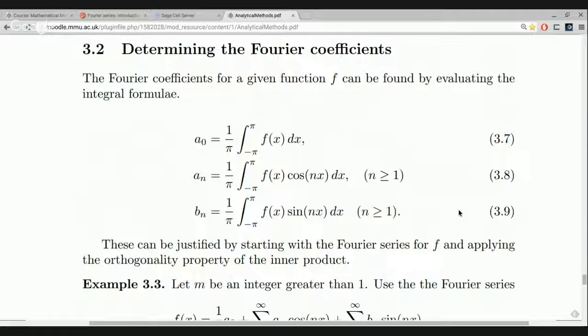So in the more complicated infinite dimensional vector space setting of Fourier series, these equations are the corresponding thing. We'll be concerned with justifying these next time as well.